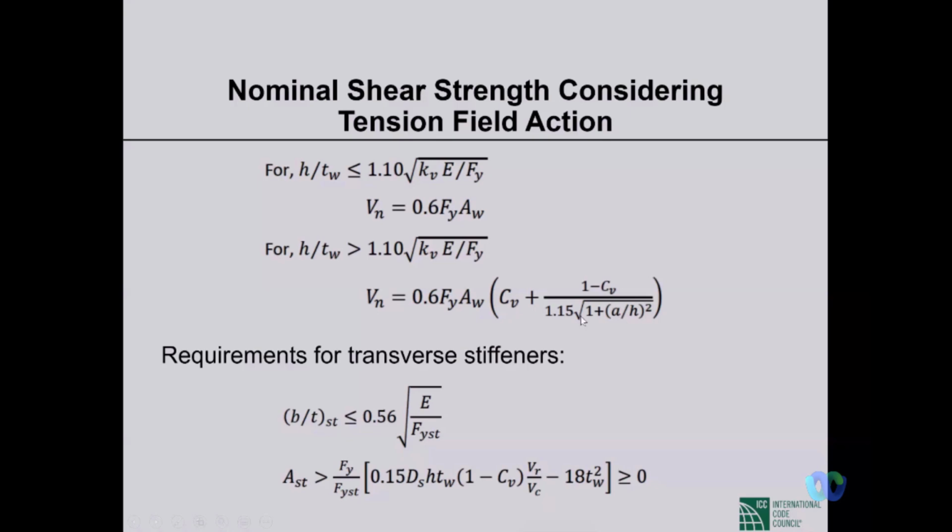This is due to the tension field action. Vn is equal to 0.6 FY AW, that is the plastic capacity. We multiply this with CV, because of inelastic buckling there will be some reduction. And the right side, plus 1 minus CV, etc., which depends on A by H, is due to tension field action.